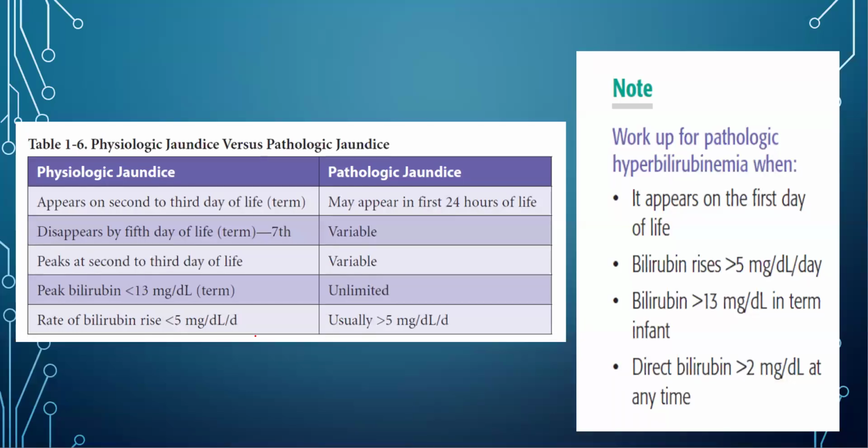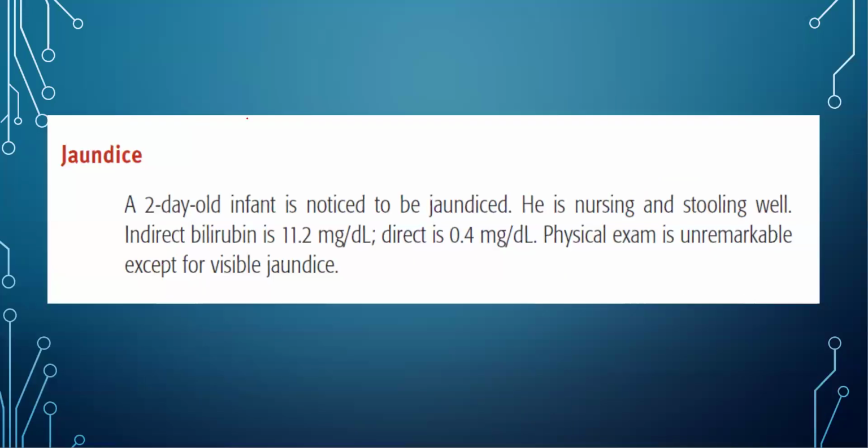So jaundice means hyperbilirubinemia or excess bilirubin in the blood. To understand the pathophysiology of neonatal jaundice, you need to understand how this actually works. So let's talk a little bit. What happens is that when RBC breaks down, then you have hemoglobin in it, right?